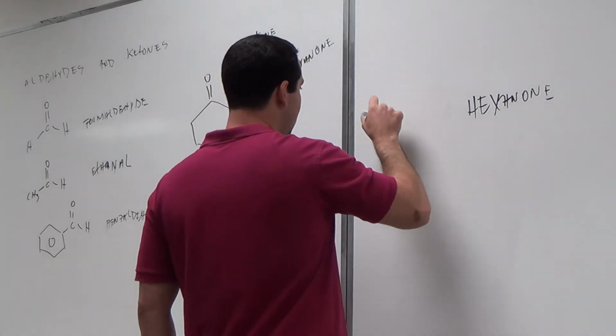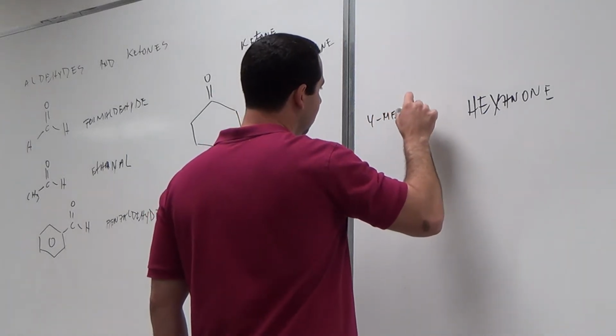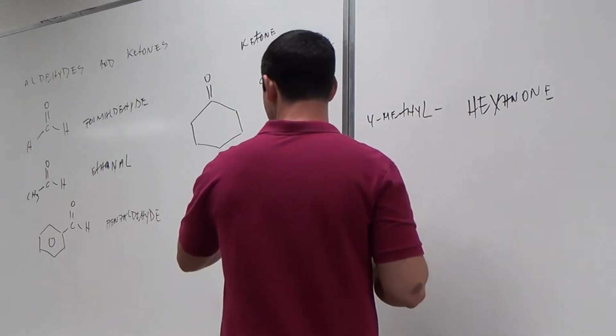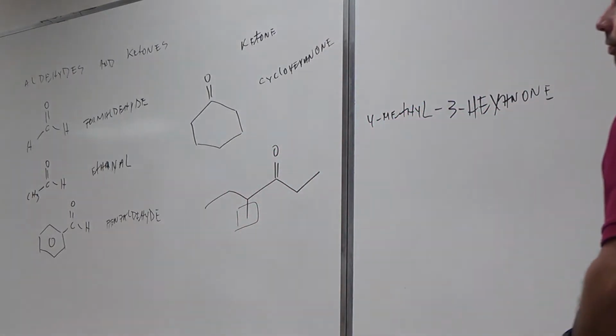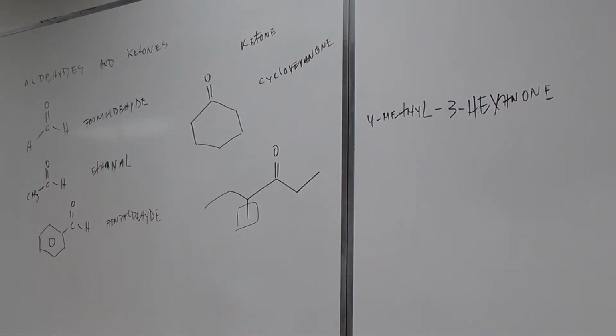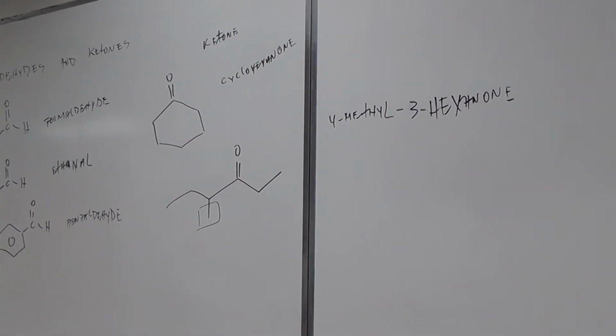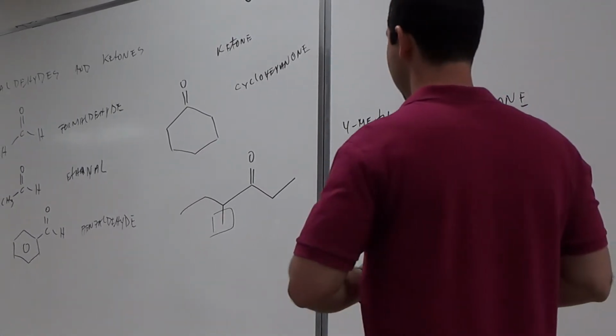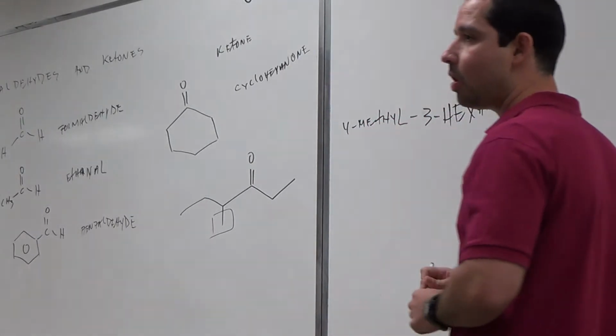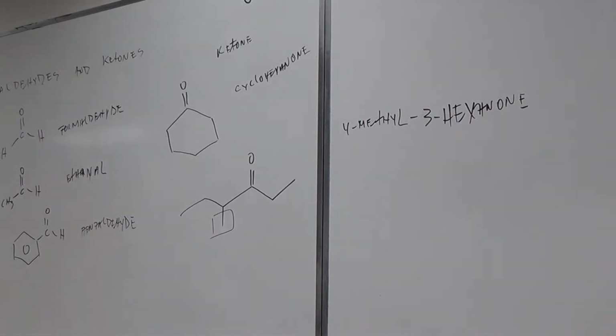So this is called 4-methyl-3-hexanone. You have to say where that carbonyl is. Of course, we can have R and S, those sort of things.